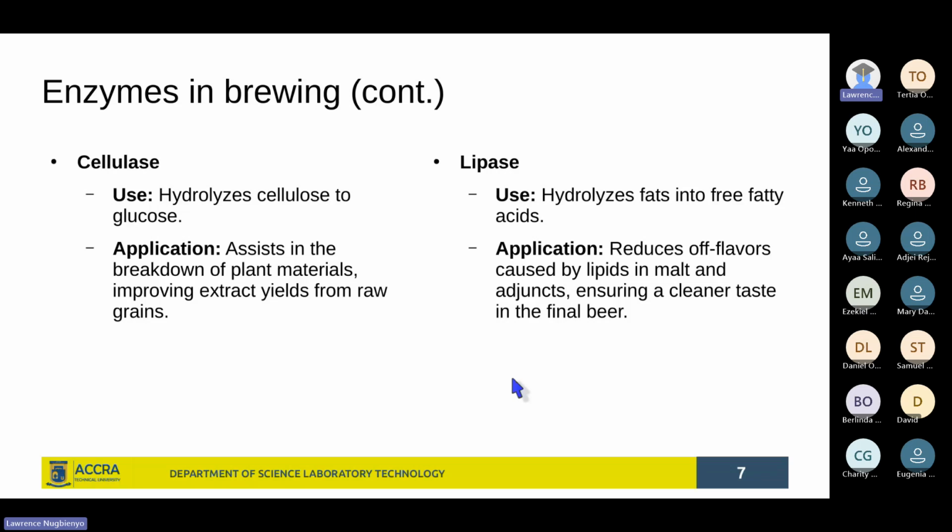But specifically, you have cellulase, which is also specific to the breakdown of cellulose. So yes, you do have cellulase in some of these enzymatic mixtures that are used in the breweries to break down carbohydrates.